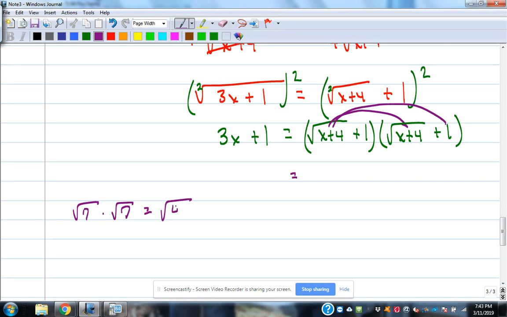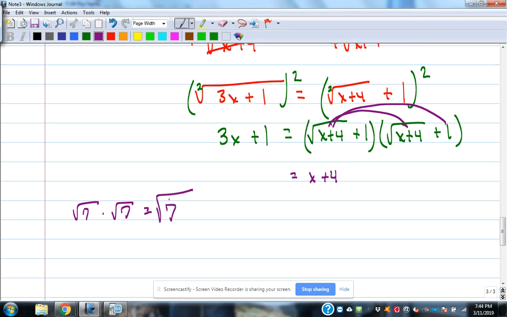It'd be the square root of 49, but it also is the square root of 7 squared, right? Which we know the square root of something squared is just the something back. When you multiply the square root of one thing times itself, the square root goes away, so that it's x plus 4 is that first piece. Square root of x plus 4 times the square root of x plus 4 gets me x plus 4.